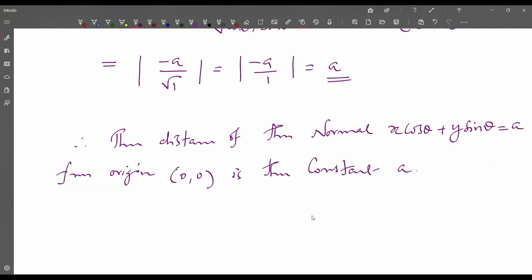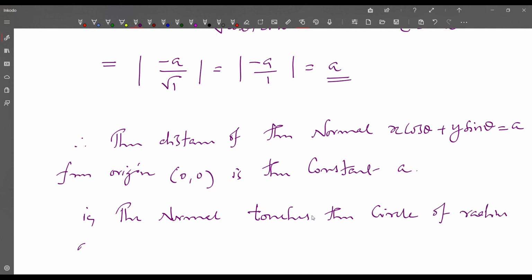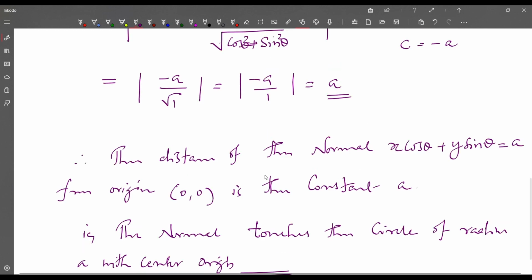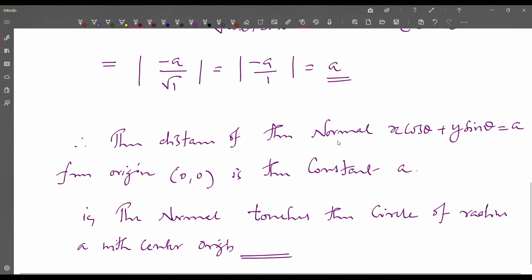That is, the normal touches the circle of radius a with the center origin. This solves the problem. So that's all for the day.